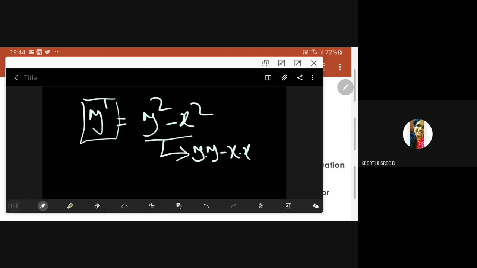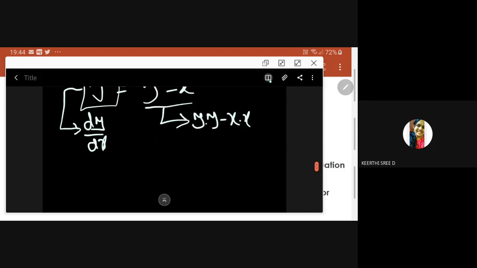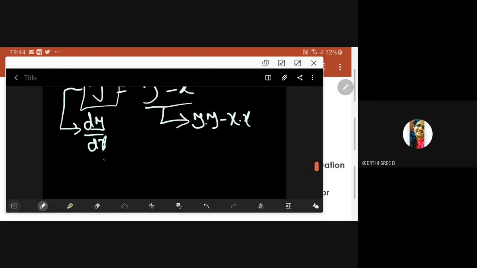What is this? This is dy by dx. One can write the whole equation like this: dy by dx is equal to y square minus x square.